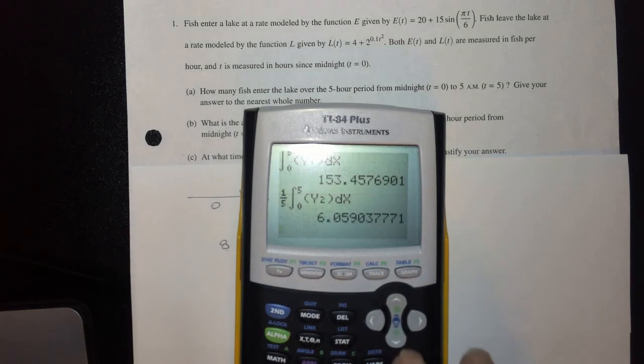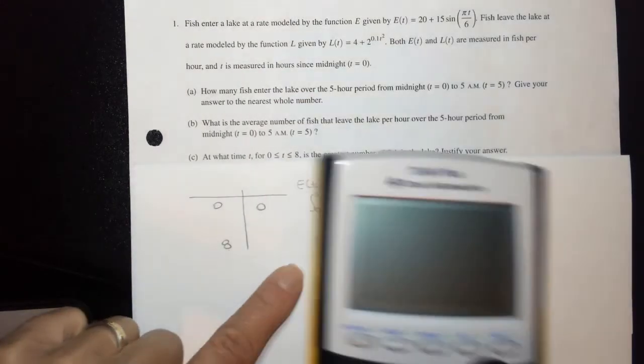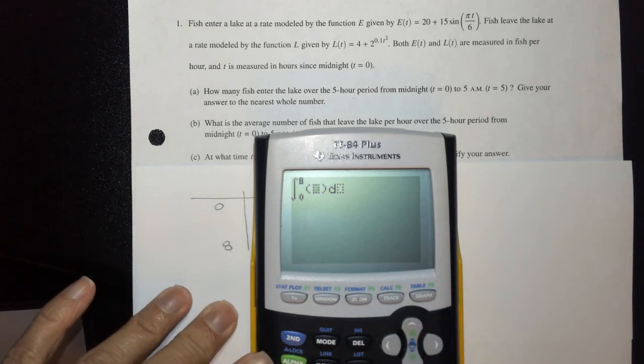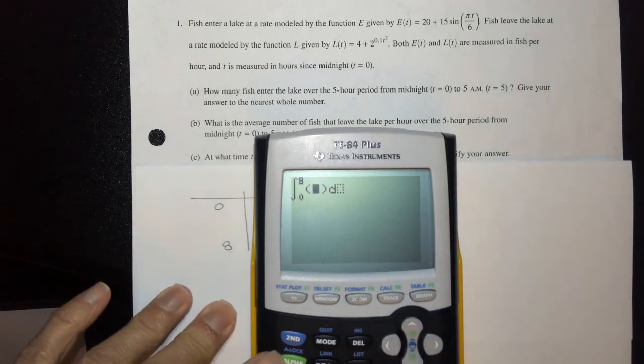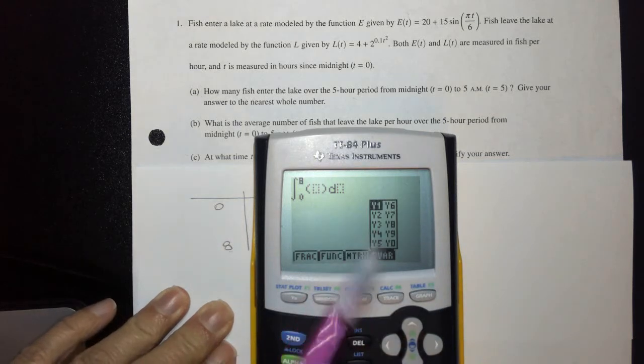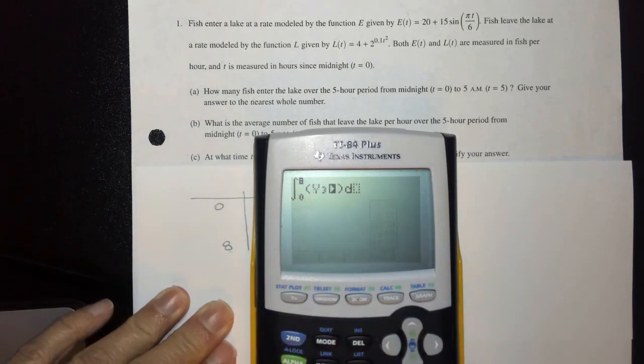So what I want to do in my home screen is integrate from time 0 to time 8 to figure out how many fish are going to be in the lake at 8 a.m. So I need to go in and grab y sub 3, which is right here, dx.